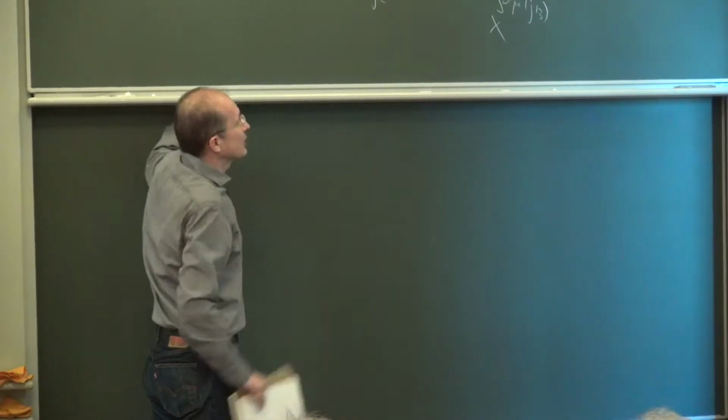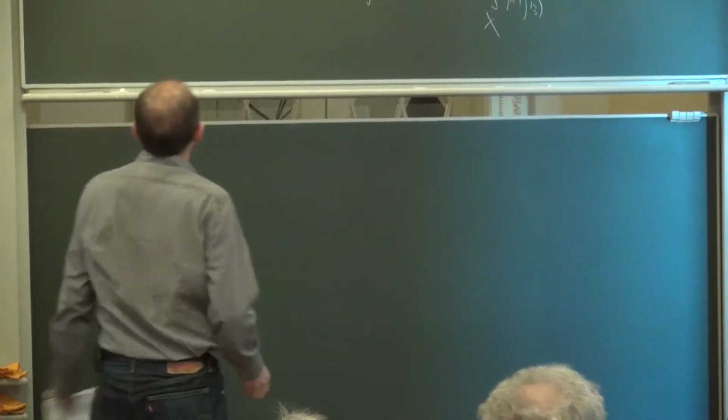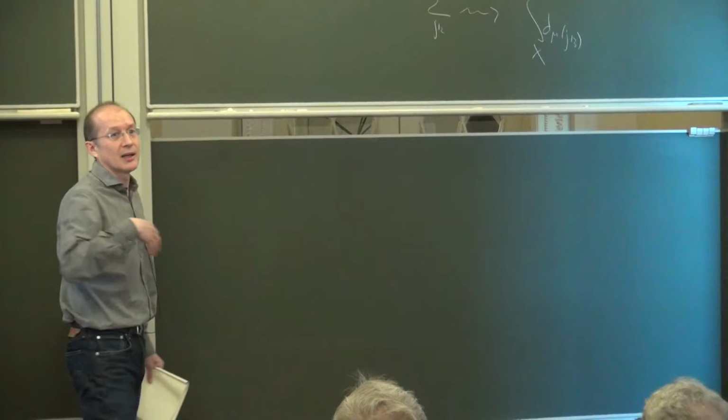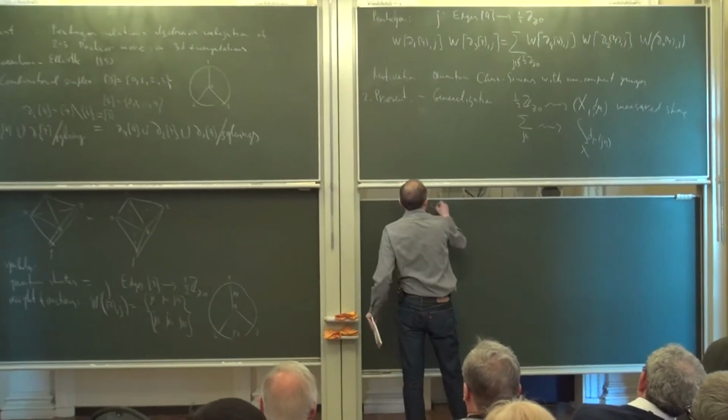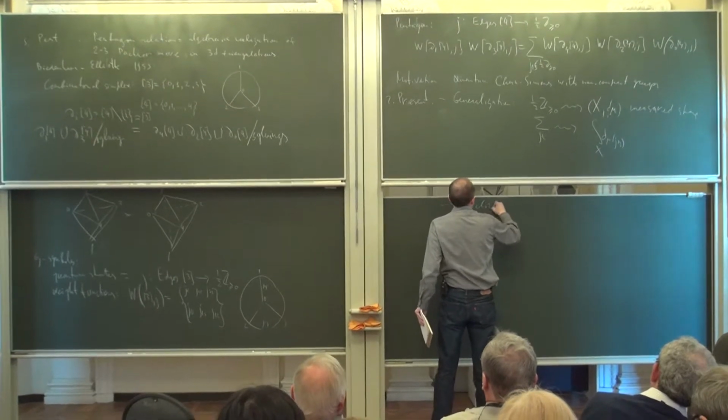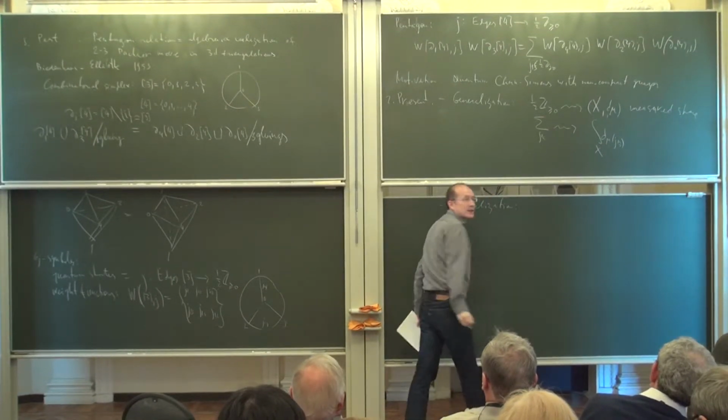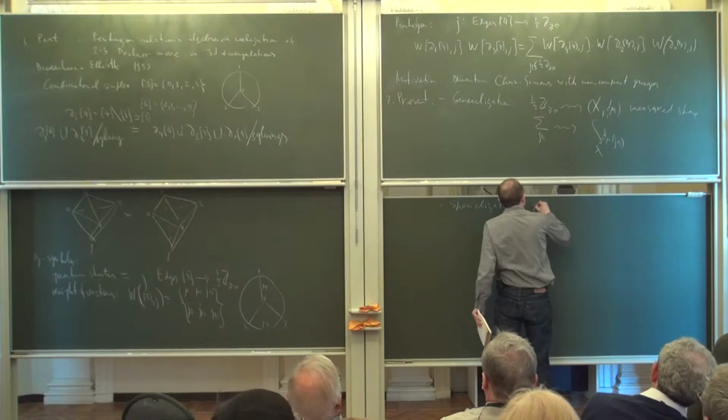This step is kind of trivial, but what is non-trivial, and makes things work and simplifies drastically, is a specialization. The specialization is what I call gauge invariance.